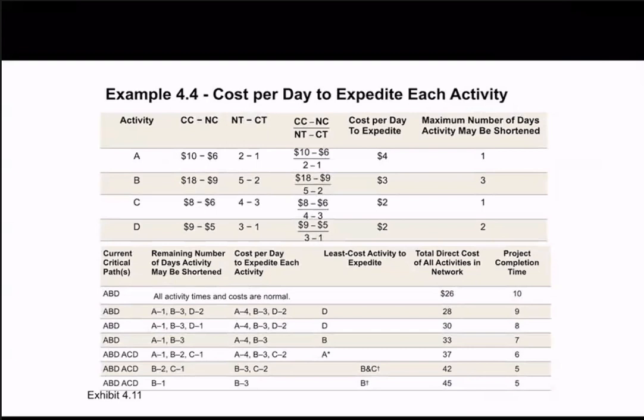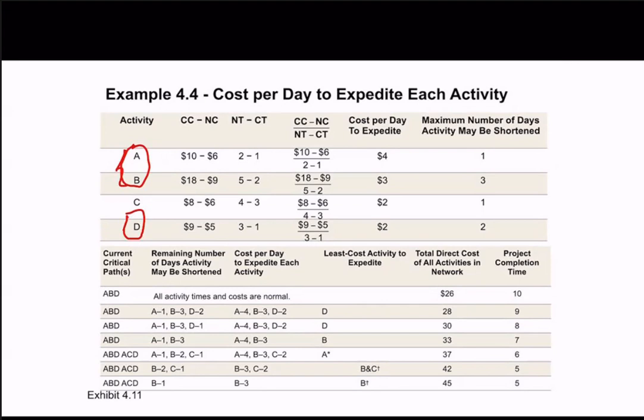So after the second line, if we move to the third line, the critical path is still ABD, and again, if we consider A, B, and D, the lowest cost is still D. So we can reduce D again, because for the second line, D has been reduced 1 day.